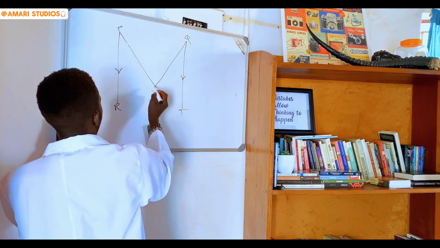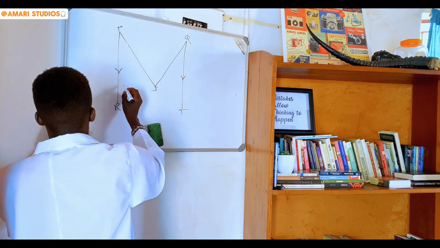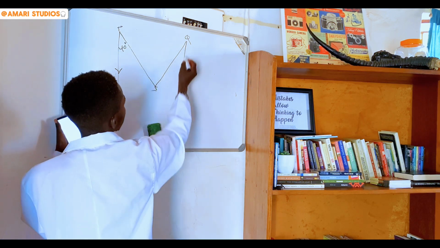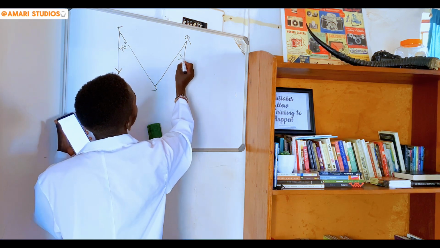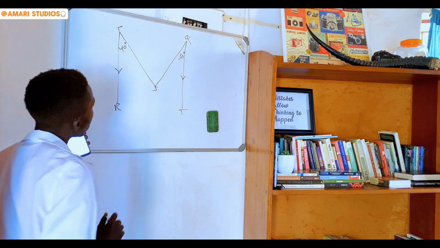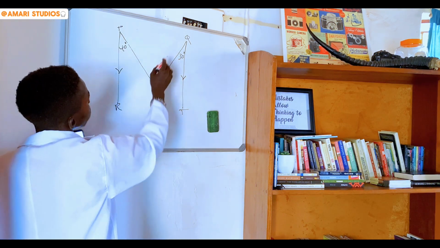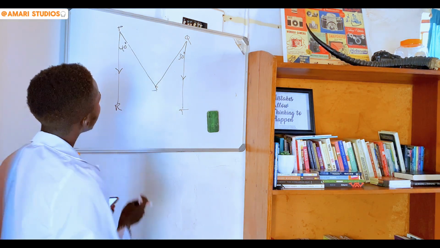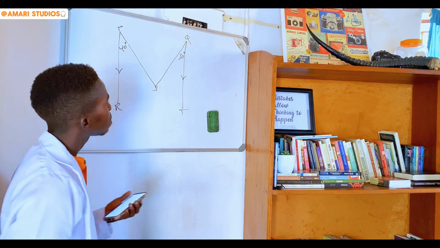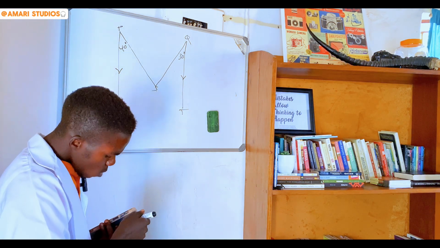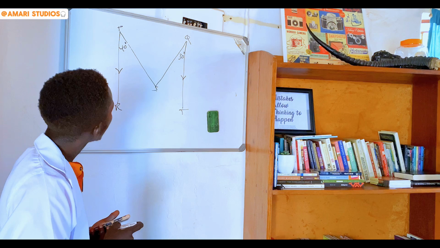Then SPR is 40 degrees, and SQT is 30 degrees. Now, the question is saying, find the angle PSQ. If these lines are parallel, it means that some of the angles will be the same. So now, what are we going to do?